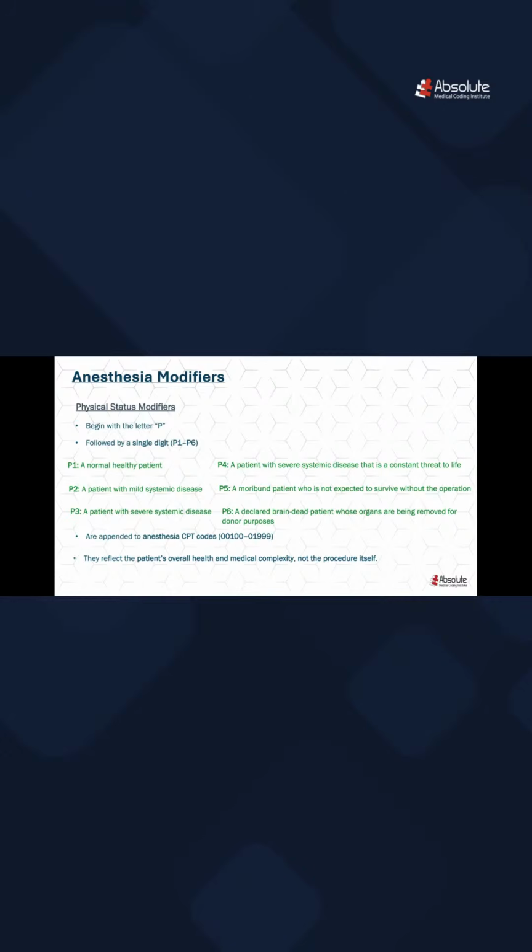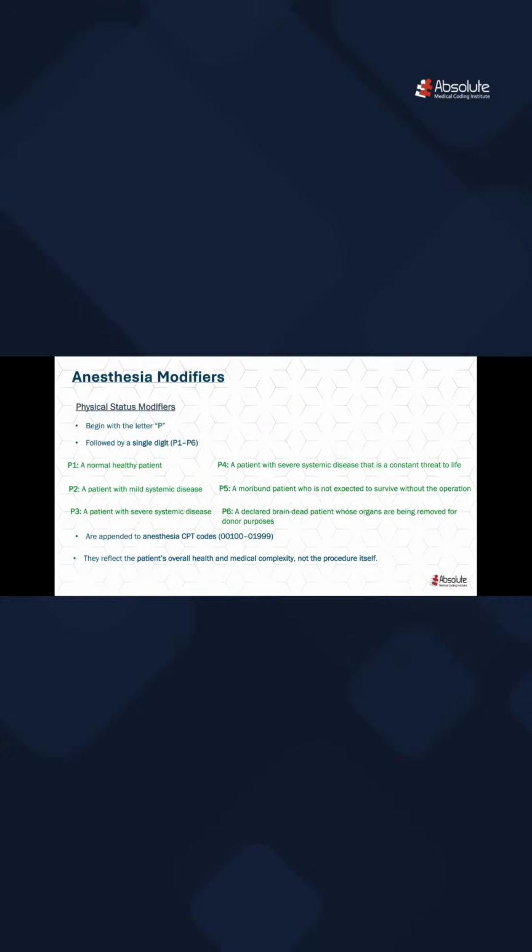Then comes P3. P3 indicates a patient with a severe systemic disease. The condition limits the activity and increases the risk. The patient is not in immediate danger, but definitely not stable enough to be considered mild.